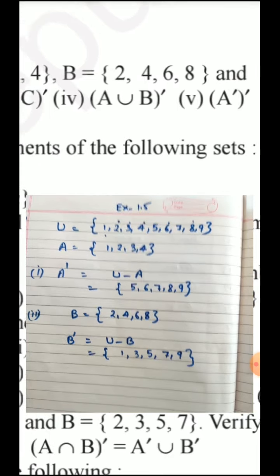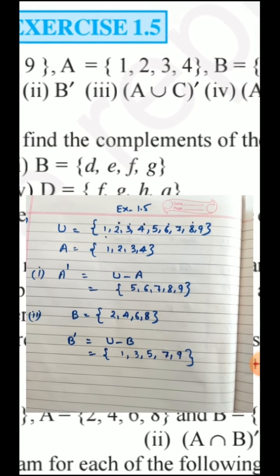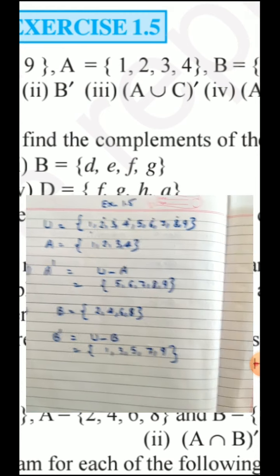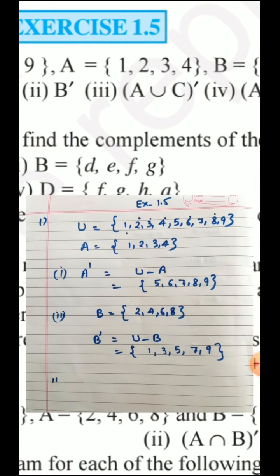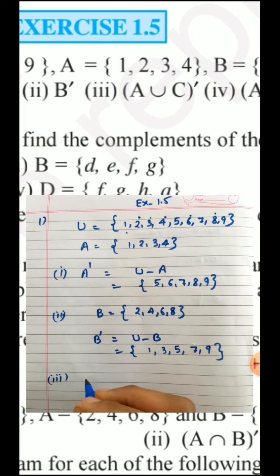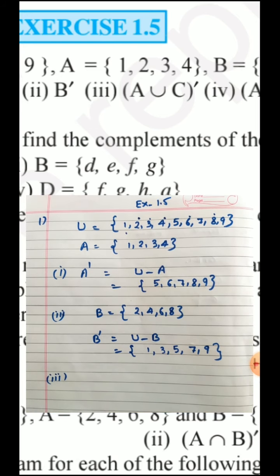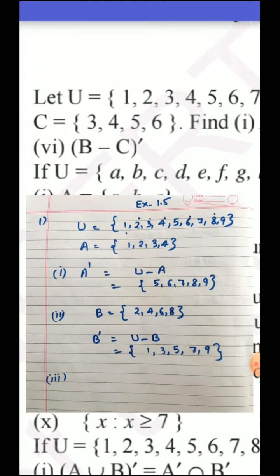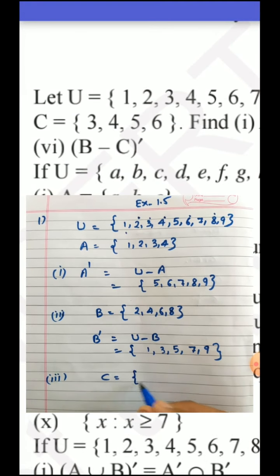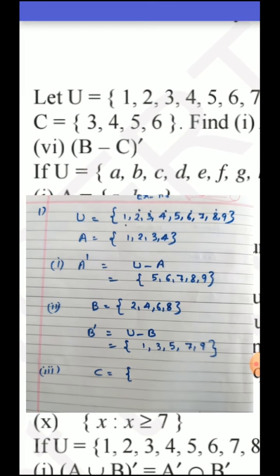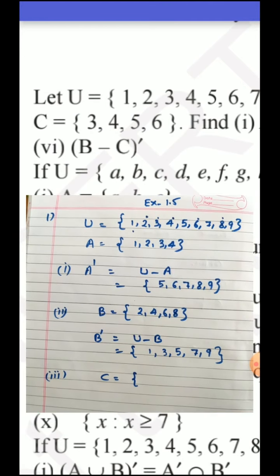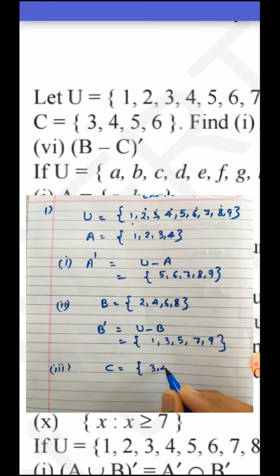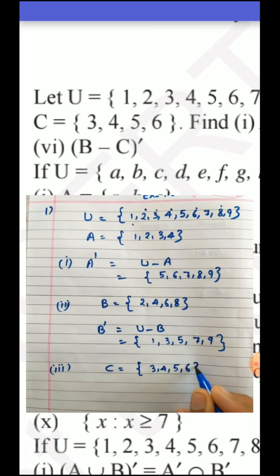Right? Now the next one, A union C whole complement. For the third one, A union C whole complement. Okay. What is C? Set C is given to you. Set C equal to 3, 4, 5, 6.